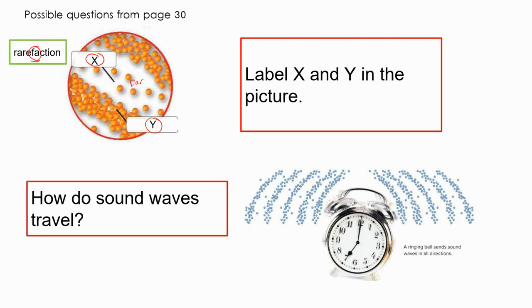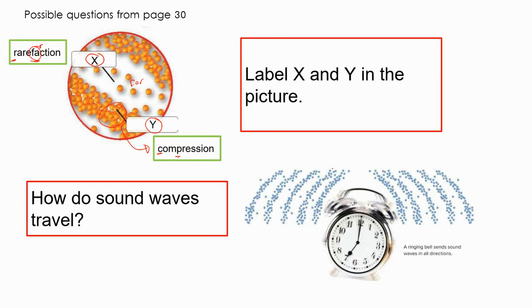The word far will be in the middle, and it starts with an R. The other one, when they are close together, or pressing, in this section Y, or any letter they can call it, we say compression. Please look carefully at your options in the exam and choose wisely.